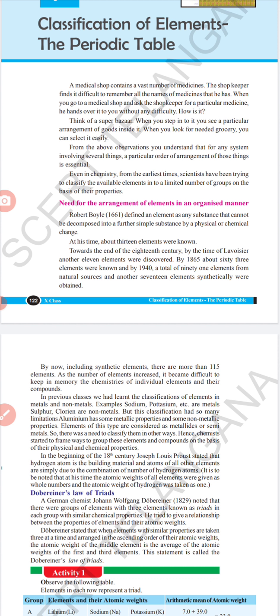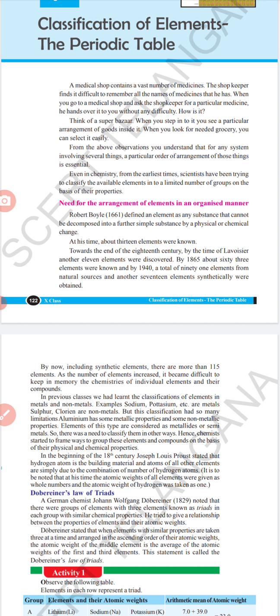In previous classes, we had learned the classification of elements into metals and non-metals. For example, in the earlier classes, in 8th standard, we learned how elements are separated into metals and non-metals. Example: sodium, potassium are metals; sulfur, chlorine are non-metals.